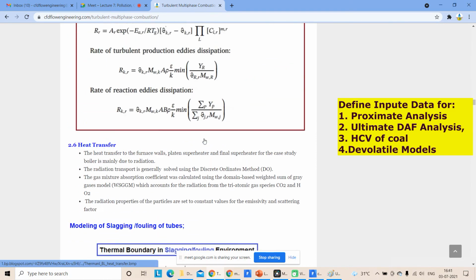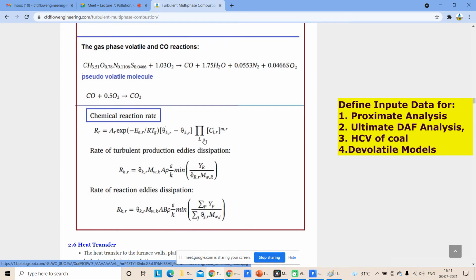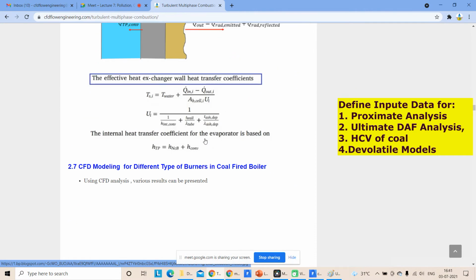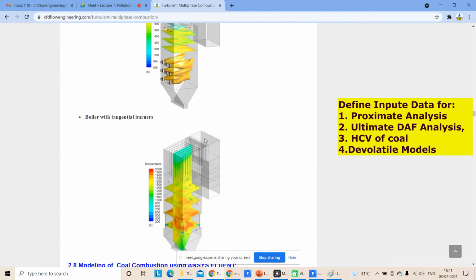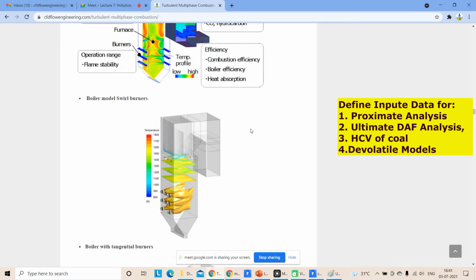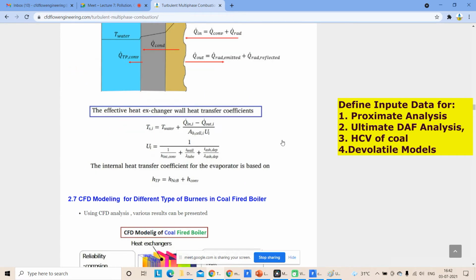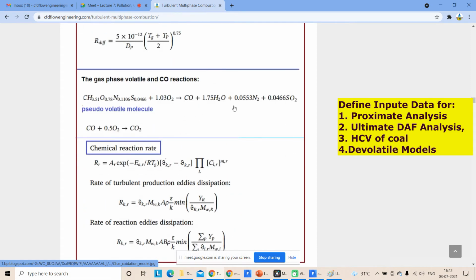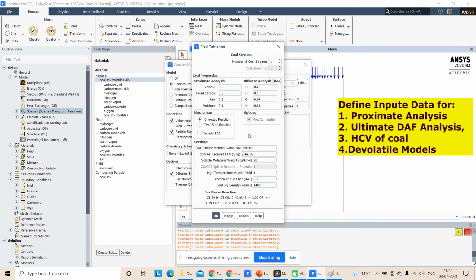We can get a lot of literature on coal combustion. We see the tutorial, and then definitely we can get how these reactions are modeled. Initially, these are the chemical kinetics they have presented, and then you can model here. This is a one-step reaction, a two-step reaction.